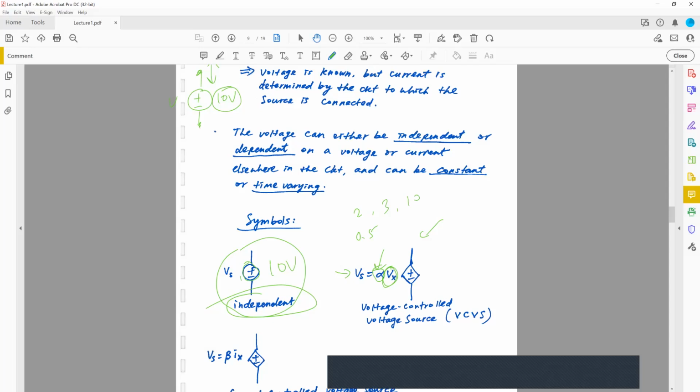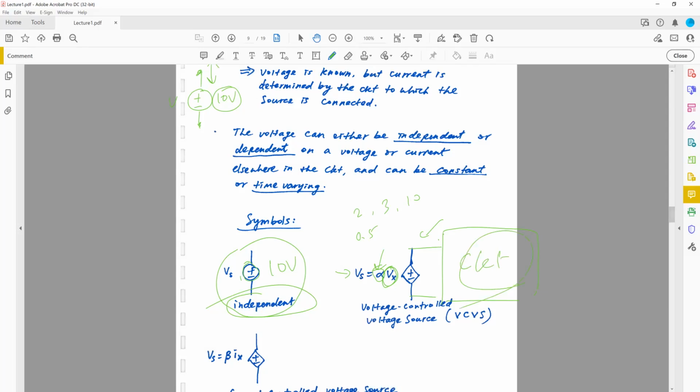I'm only showing this dependent voltage source, but of course, assuming that this dependent voltage source is connected to another circuit, somewhere in this circuit you will see this Vx, and this Vs depends on this Vx inside this circuit.